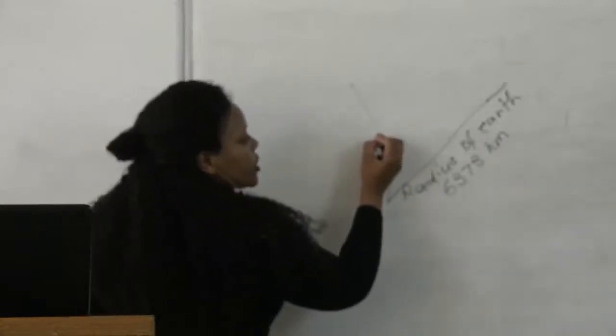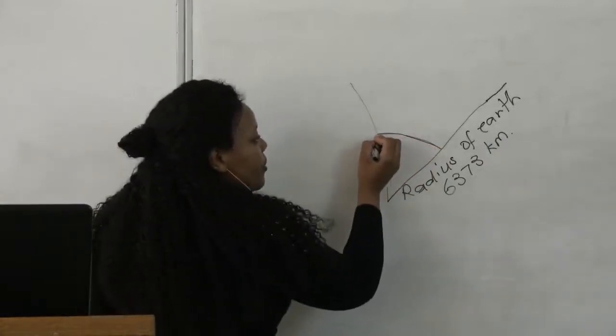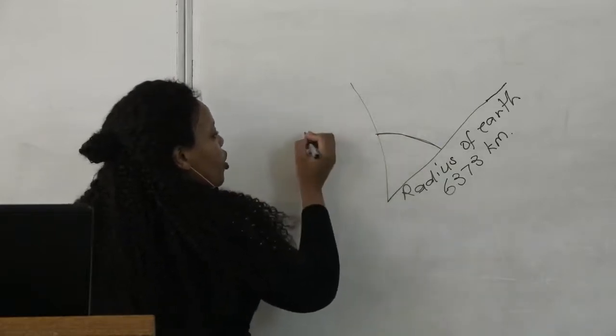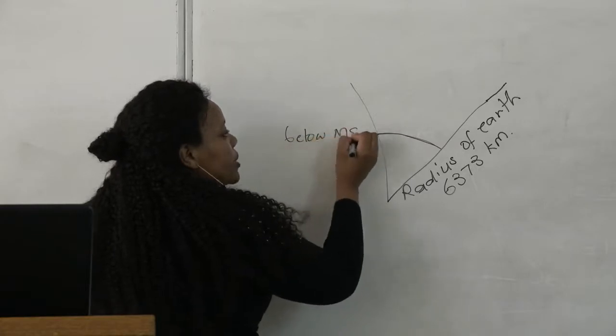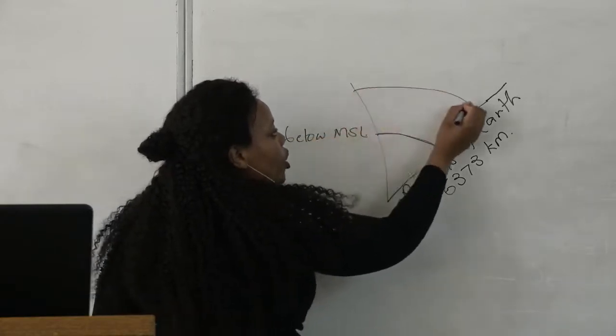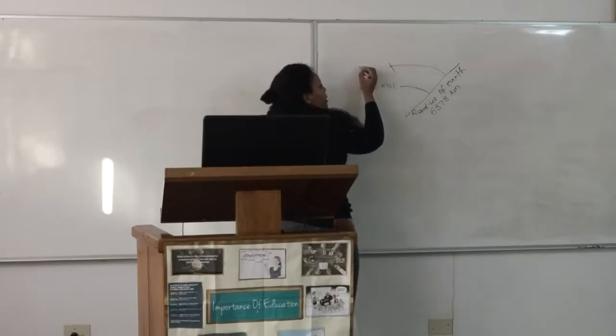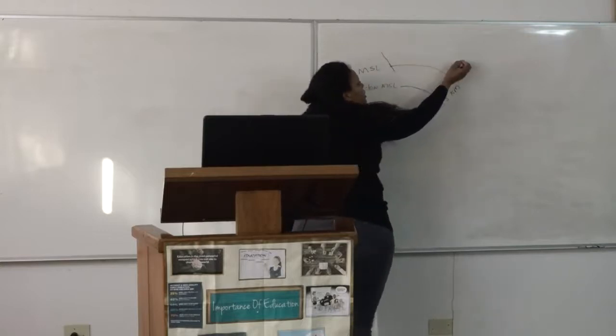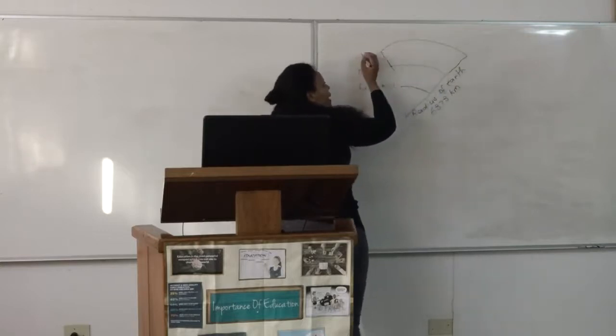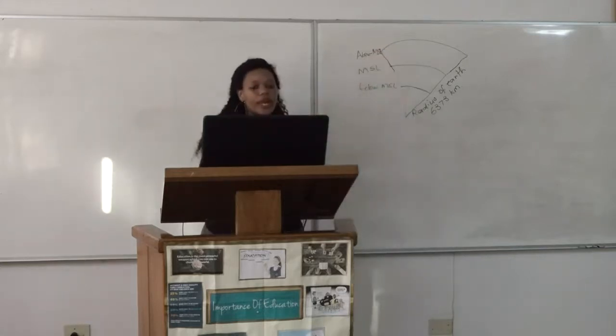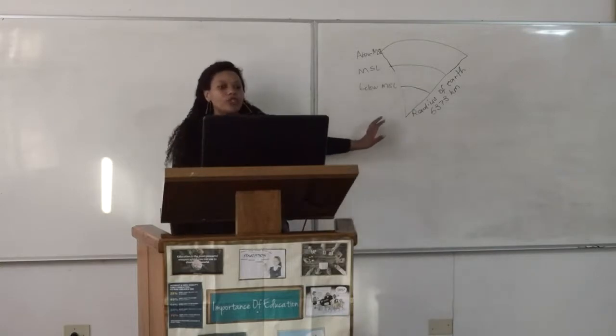Okay, we've got the height, the measured height below the main sea level, and this is the distance measurement at the main sea level, and this is the distance measurement at the above main sea level.